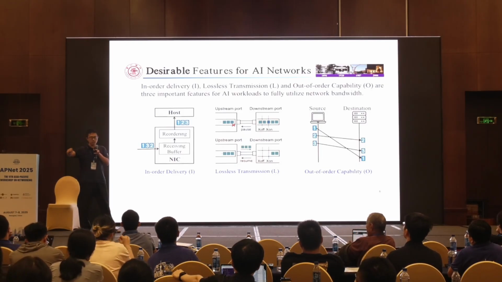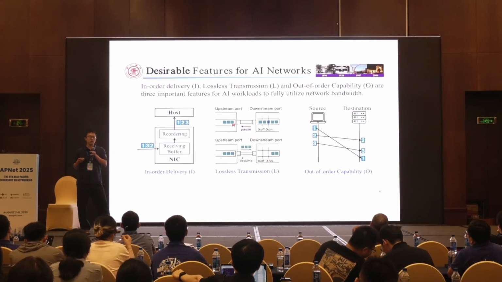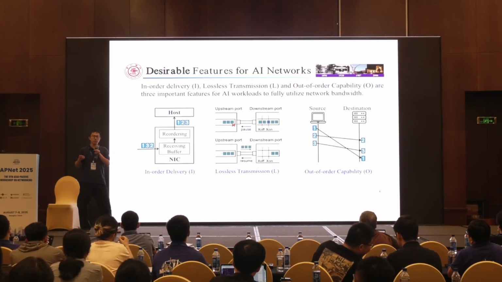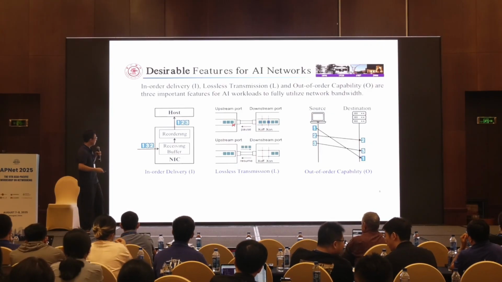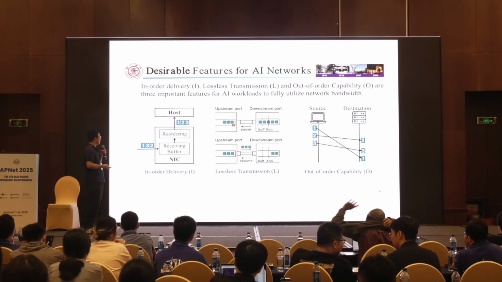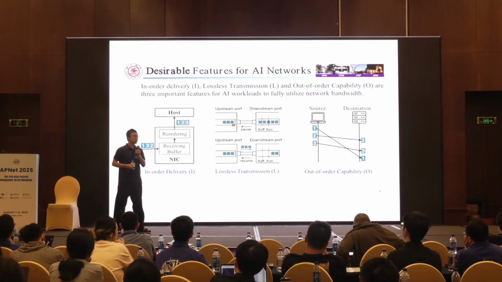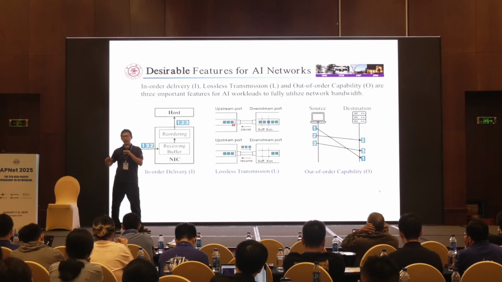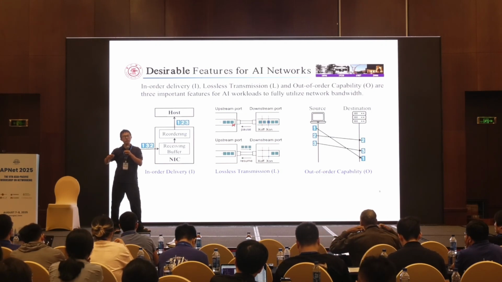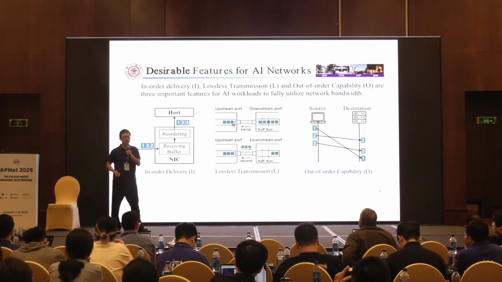With packet reordering in the network, maybe at the end host we can have a reordering buffer to reorder the packets before delivering to the end hosts. This is called in-order delivery. The second property is lossless transmission. If a packet is lost, we have to retransmit it. This will inevitably increase the tail latency.